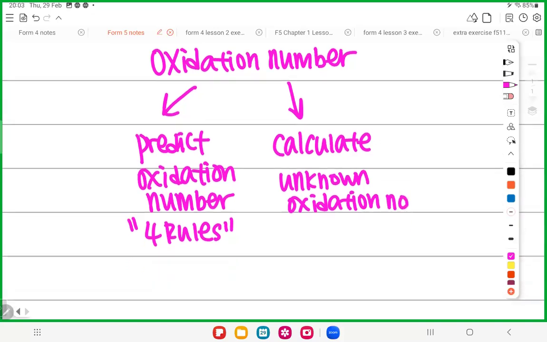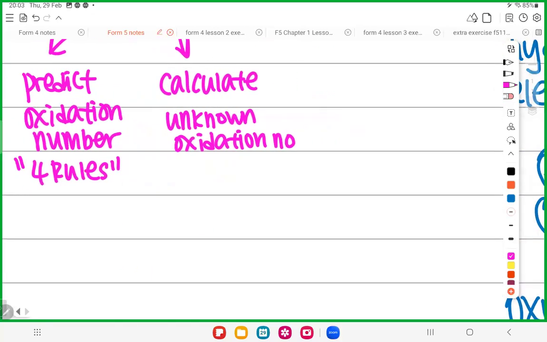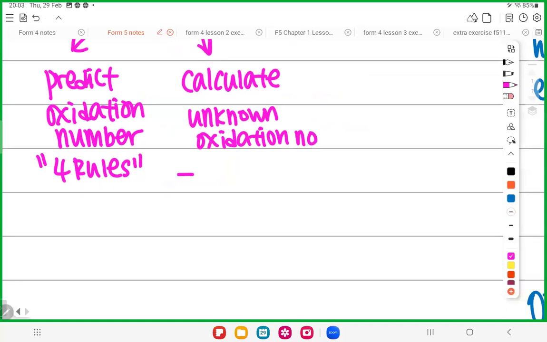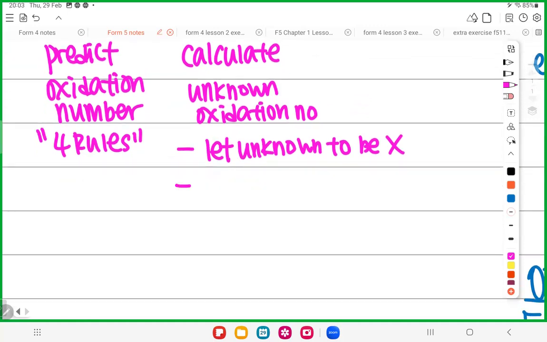How to calculate the unknown oxidation number? First of all, we need to let the unknown oxidation number be X. You can use X or any symbol that you want. After that, you need to add all the oxidation numbers together.